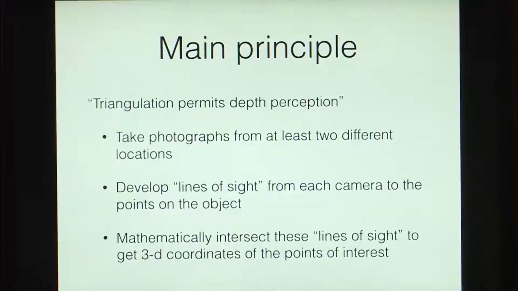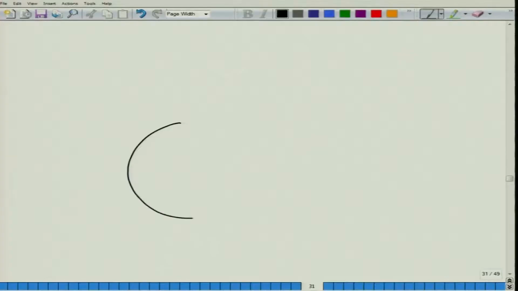So, what is the main principle behind photogrammetry? If we go back to the slides now, the main principle is that triangulation permits depth perception. Now, what does triangulation mean and how does it permit us to perceive depth? Suppose this is an individual and we have two eyes.